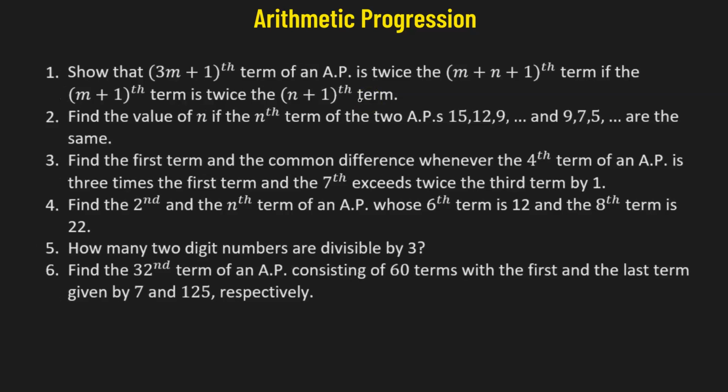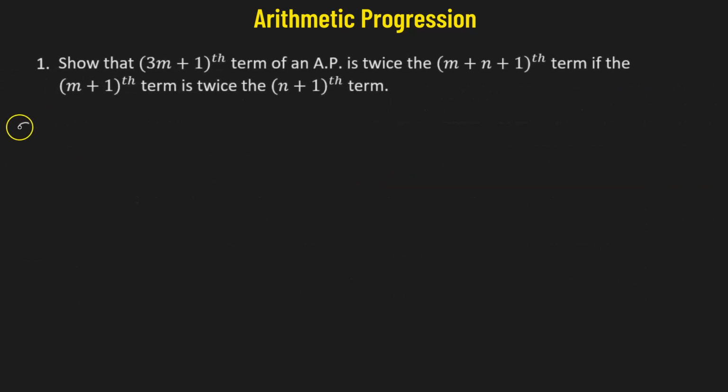So let's begin. First, we will consider the first term and the common difference. We'll assume that the first term of the AP is represented by a in lowercase, and the common difference will be represented by d in lowercase.